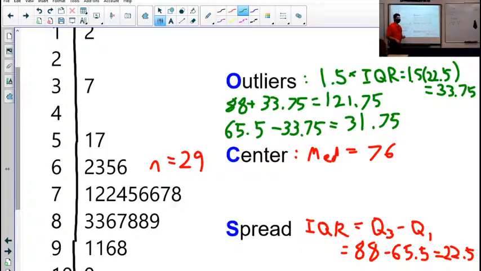Yes? Okay. 31.75. Anything below 31.75 is an outlier. Do we have one of those? Yes, we do. 12% is an outlier.